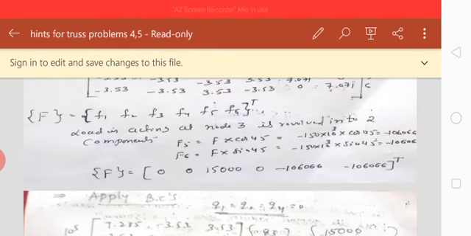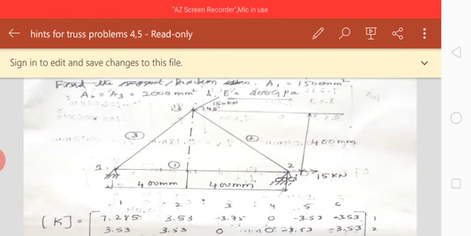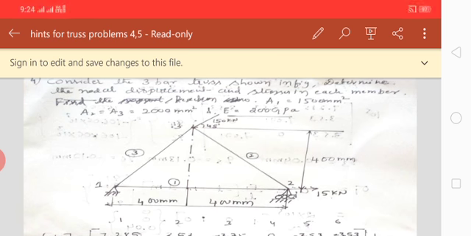Okay, same problem with little bit changes we are going to come across. That is, exactly at node 3, in the last previous problem, the load is acting exactly perpendicular to the node 3, whereas in this problem, the load is acting exactly 45 degree to the node 3. This is the slight difference we're going to come across.